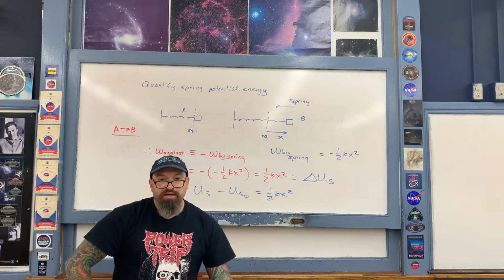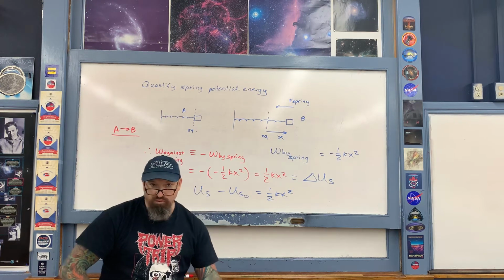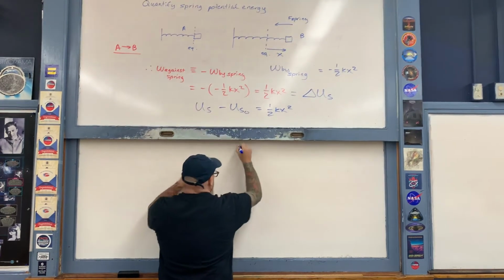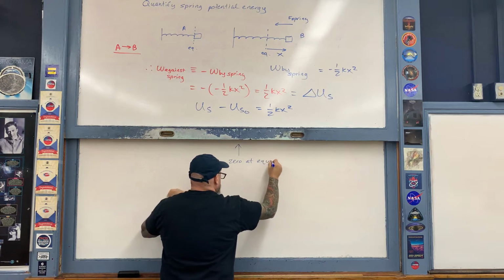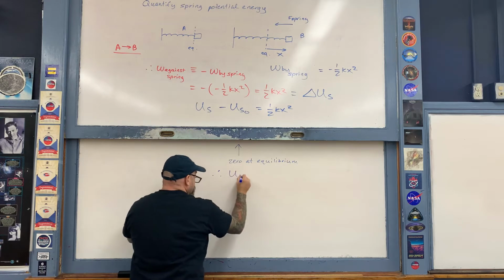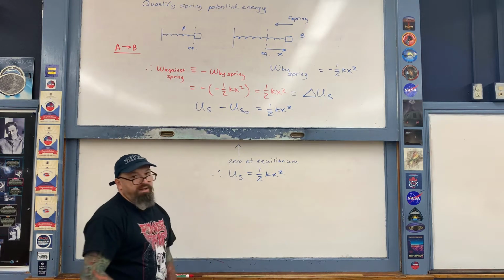So then therefore, if you're not stretching or compressing the spring, obviously the spring potential energy is equal to 0. So this term right here, the initial spring potential energy, is 0 at equilibrium. Therefore, the final spring potential energy at position B is 1/2 kx squared.